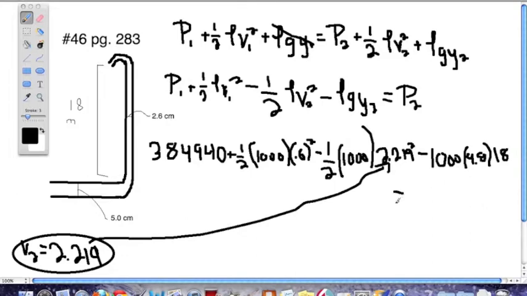That equals P2, and when you run that through your calculator, you get 2 times 10 to the 5 Newtons per meter squared, which runs along the lines of 2 atm.